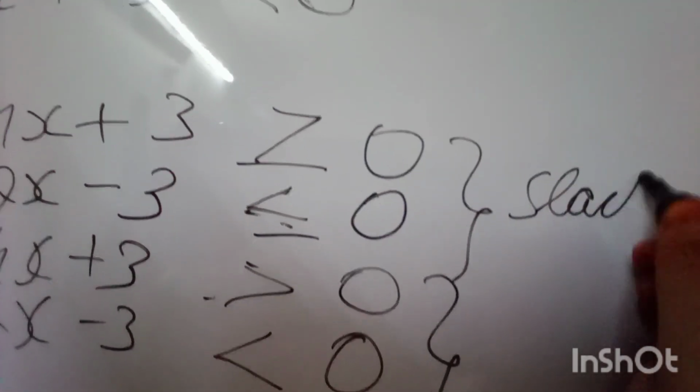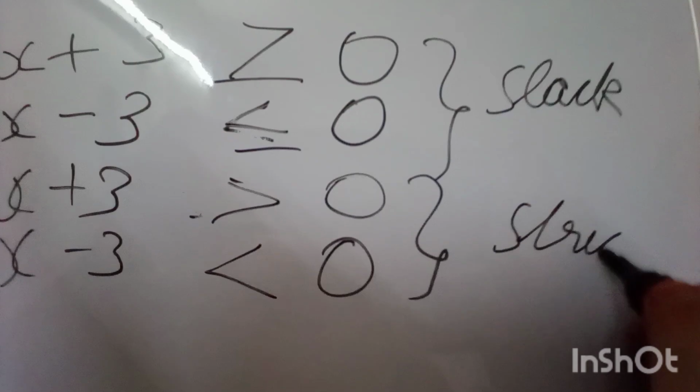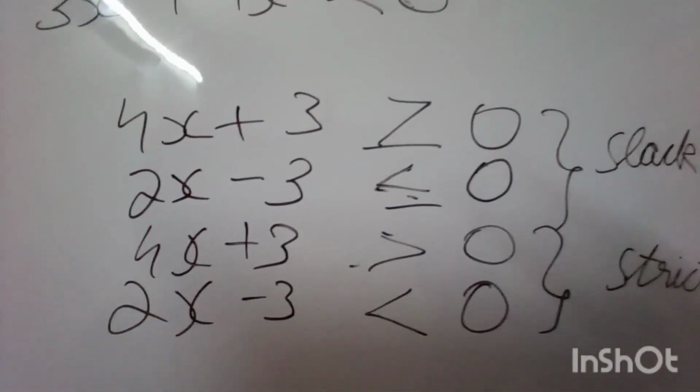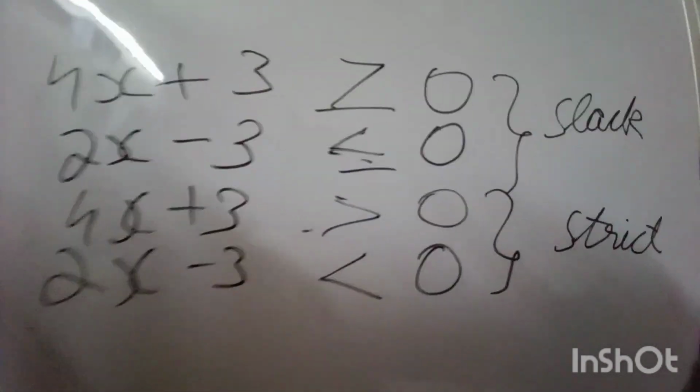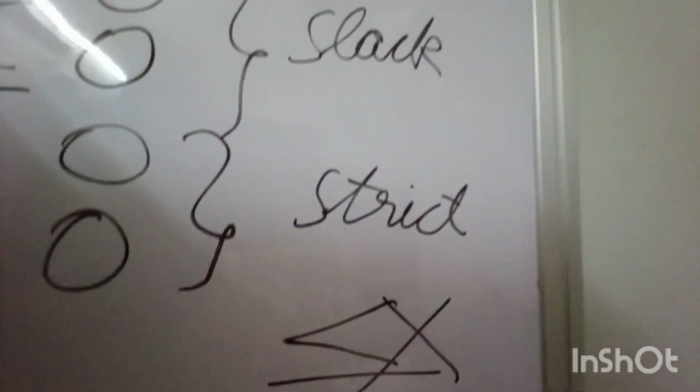The first two are called slack linear inequalities, and the last one is called a strict inequality. When do we call a linear inequality strict or slack? Whenever we see the equal to symbol in an inequality, we call it slack. When we don't see the equal to symbol, we call this a strict inequality. I hope now you are able to understand.